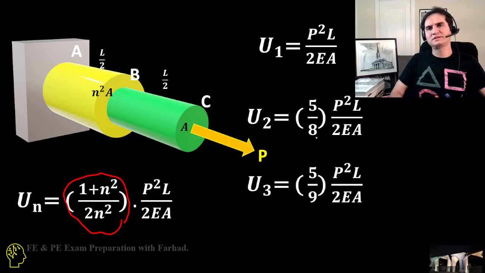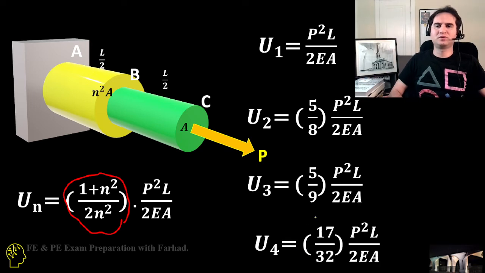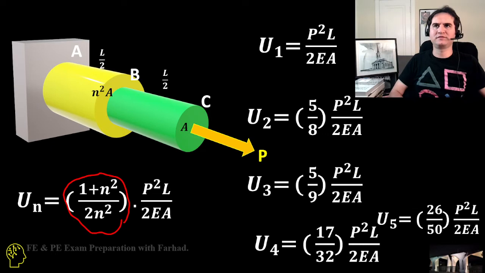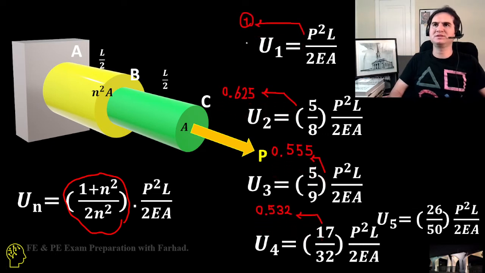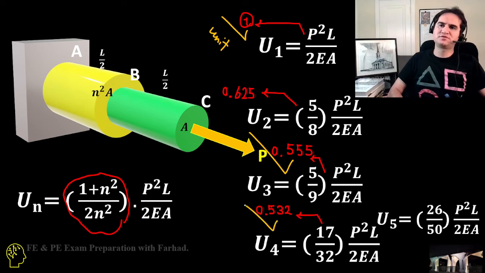Likewise, U3 is 5 over 9 times U1, and U4 is 17 over 32 of U1. So if you call U1 the unit, U2 is 62% of U1, U3 is 55% of U1, U4 is 53%, and U5 is 52%.